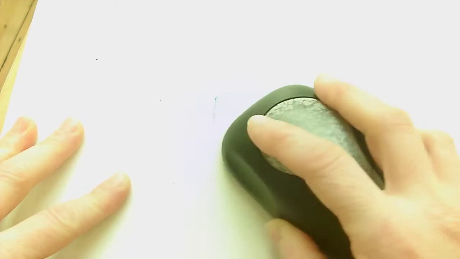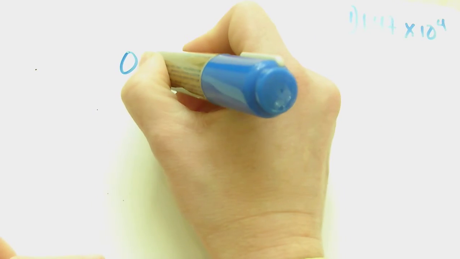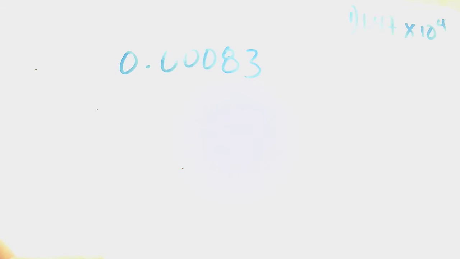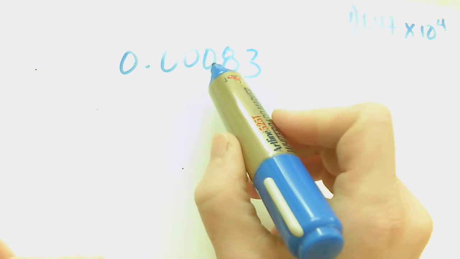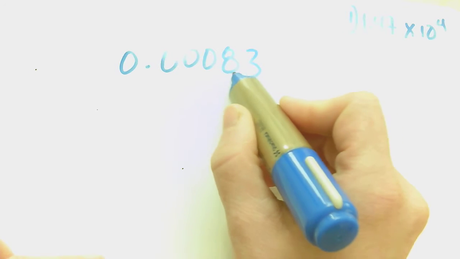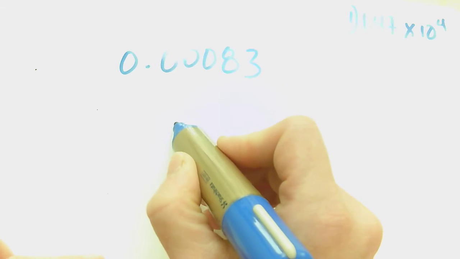Question 2, so maybe I'll just write that over here on the side. 1.47 times 10 to the 4th. Question 2 was 0.00083. In this case, because we know it's a very small number, we're going to have 10 to a negative power. So again, we want to turn this 8 and 3 into a number between 1 and 10.